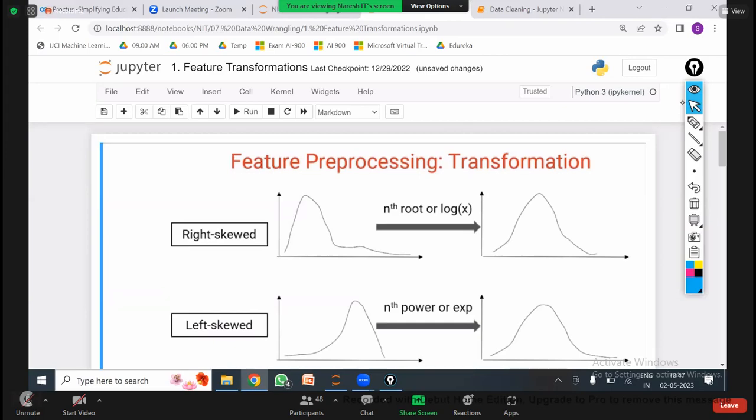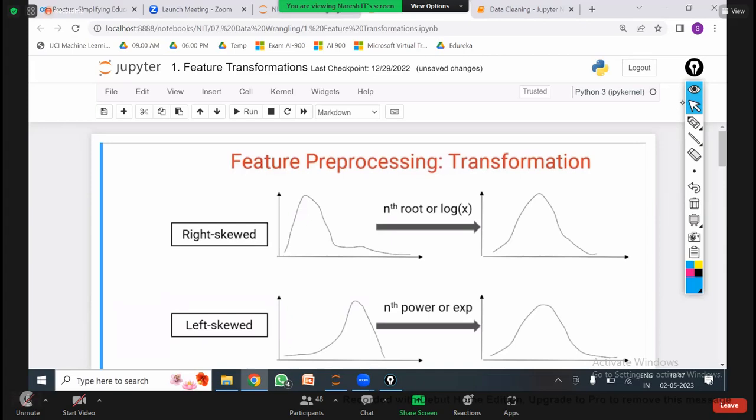So if you remember in hypothesis testing, I told you that first we have to convert the data to normal data, and only then can we apply the parametric tests. Otherwise, we can't apply the parametric tests. So first we have to convert.